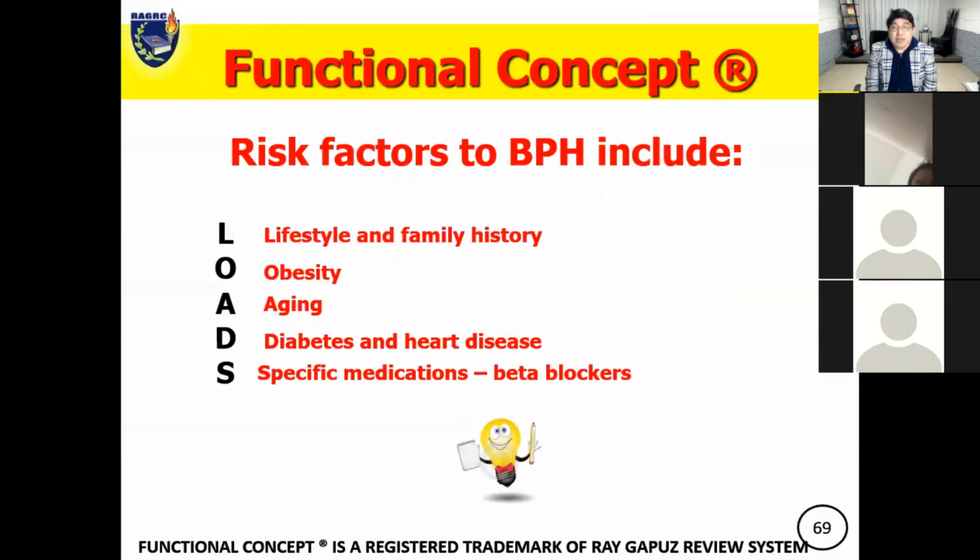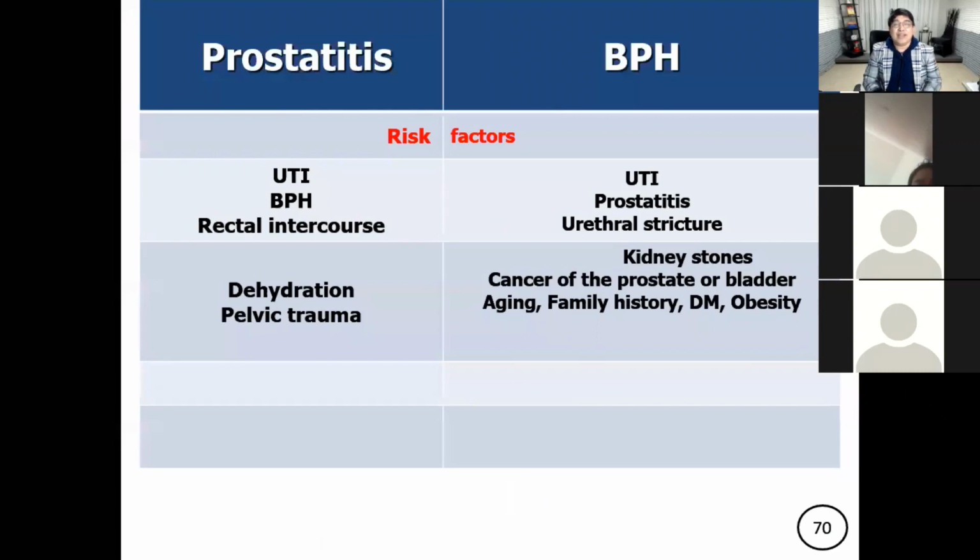Okay, so the risk factors for BPH: remember lifestyle and family history, obesity, aging, which is a common one, diabetes and heart disease, and specific medications like beta blockers. Now, let's use the what-if mentality again. What if on the test you will be asked about symptoms that are common to both prostatitis and BPH? Take note, both could be developed secondary to urinary tract infection.